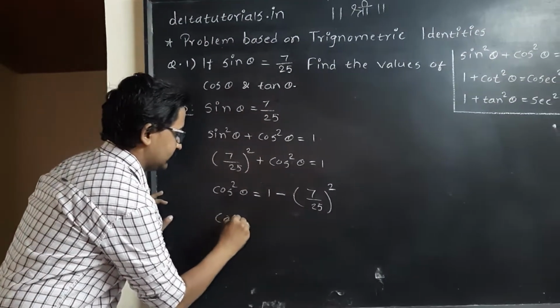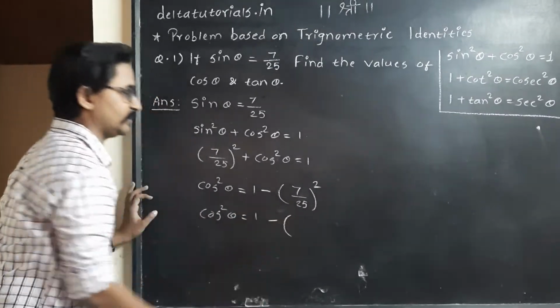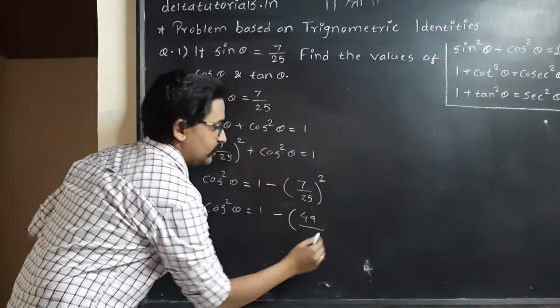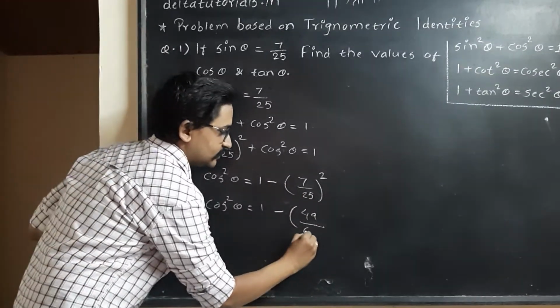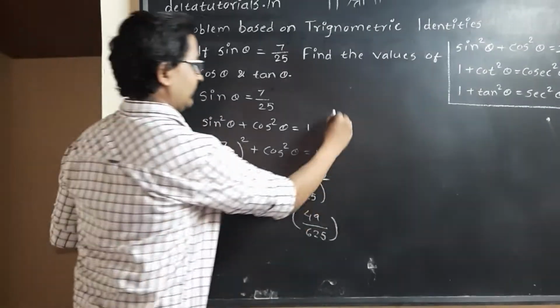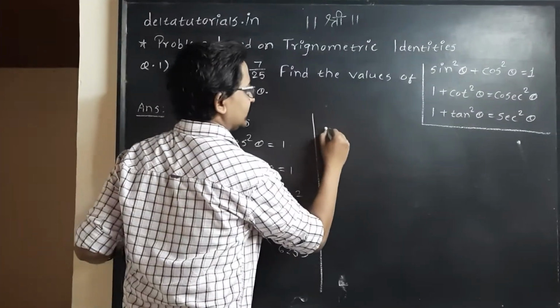Further, cos square theta is equal to 1 minus, let's take the squares. 7 square is 49 and square of 25 is 625. For further solving, let's continue with this.